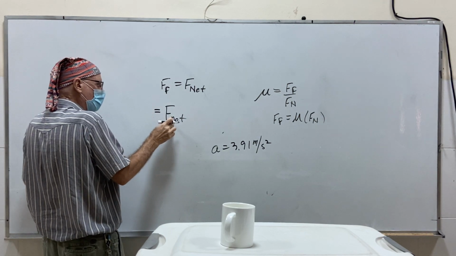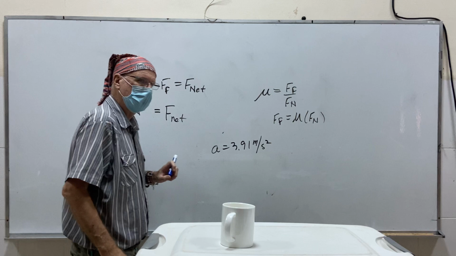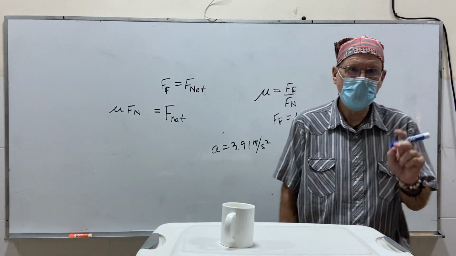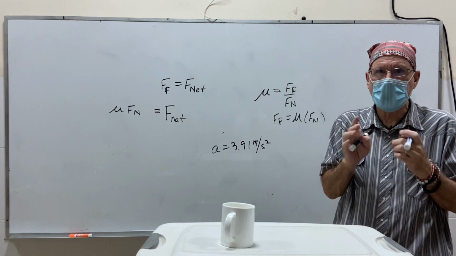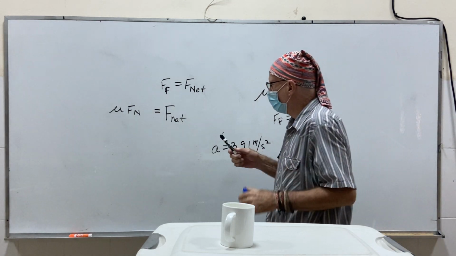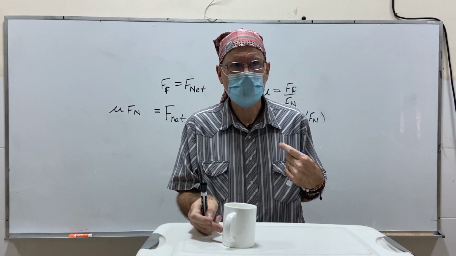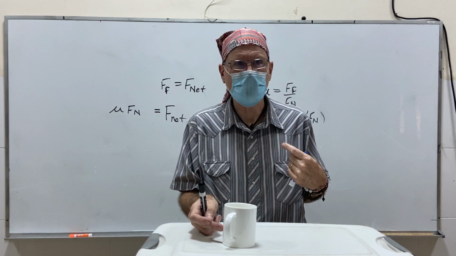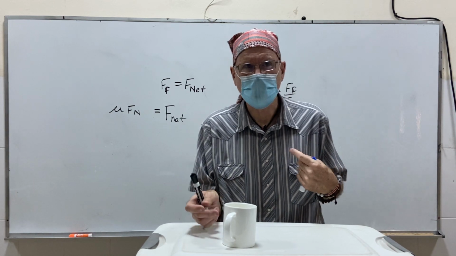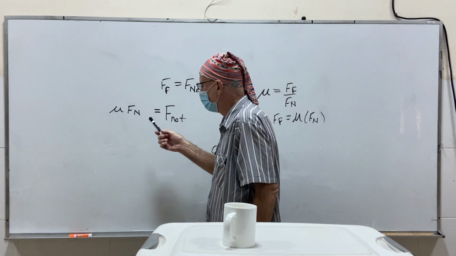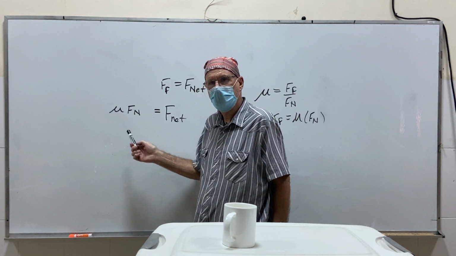So this net force is going to be equal to that, correct? Isn't that true? You understand that, right? So if my net force is the friction, and pushing this is the external force, that's going to be the same as mu Fn, correct?